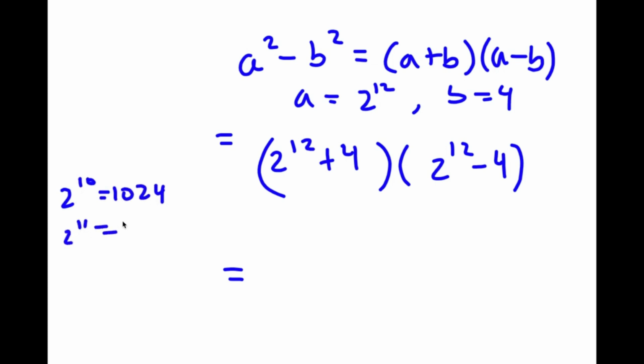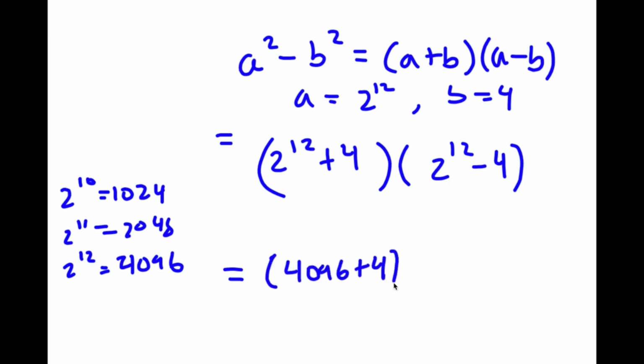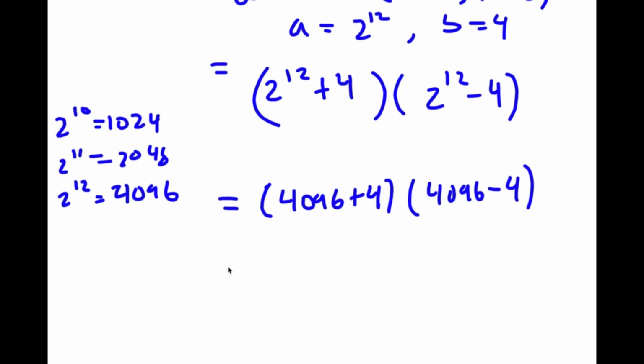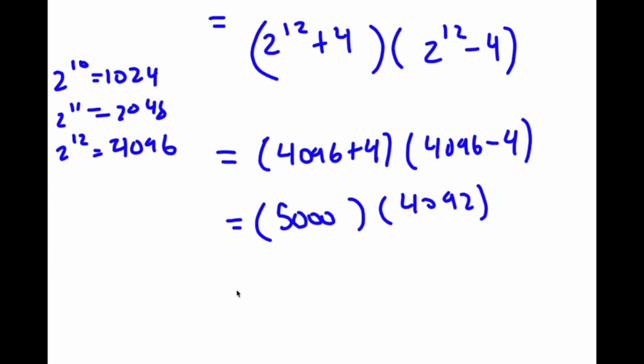So 2 to the power of 11 is going to be double of 1024, which is 2048. Meaning 2 to the power of 12 is double of 2048, which is 4096. So now I have 4096 plus 4 times 4096 minus 4. Now this is the same thing as 4100 times 4092.